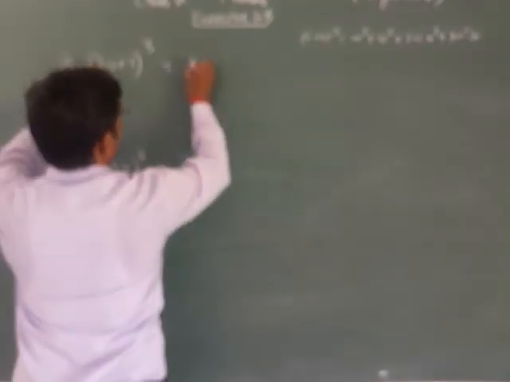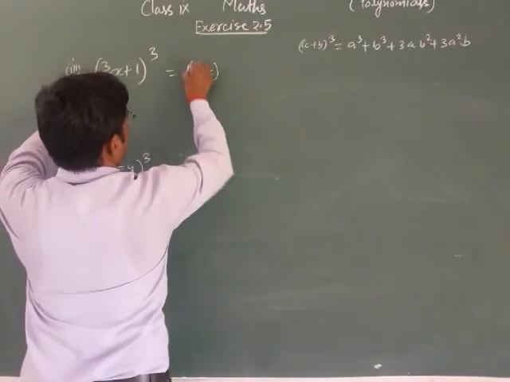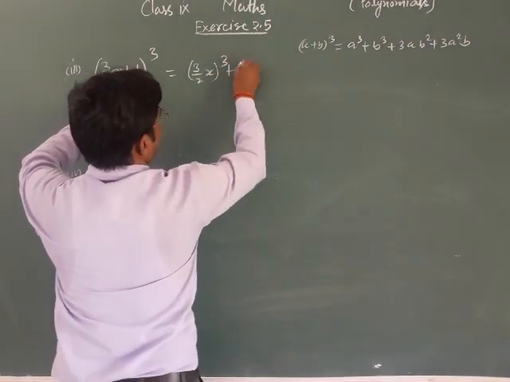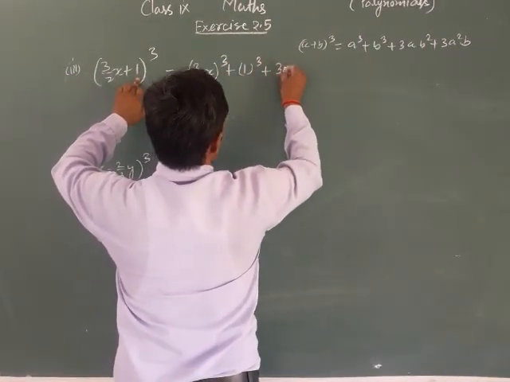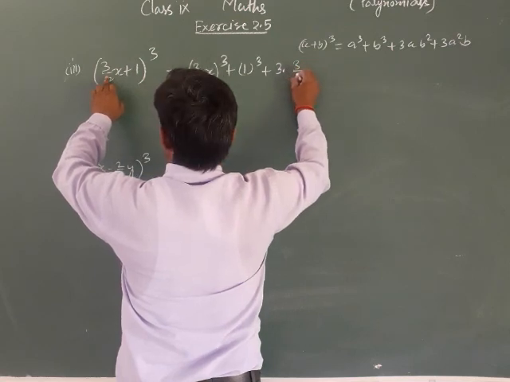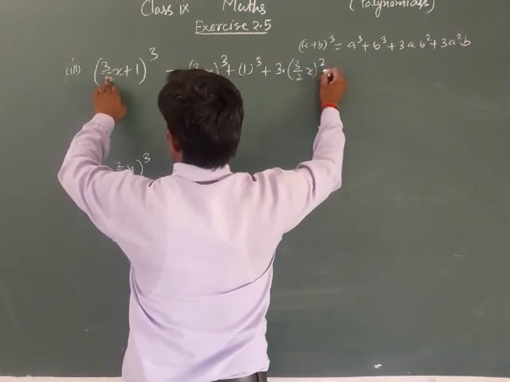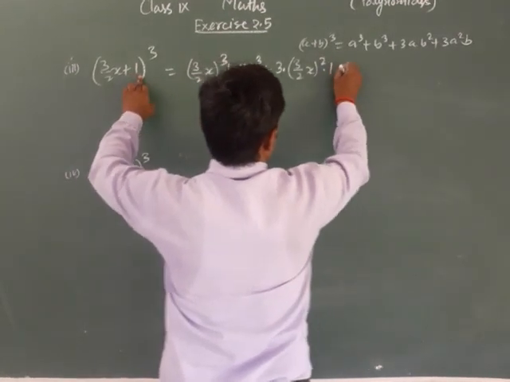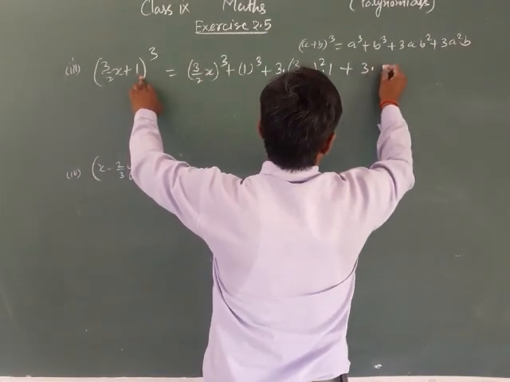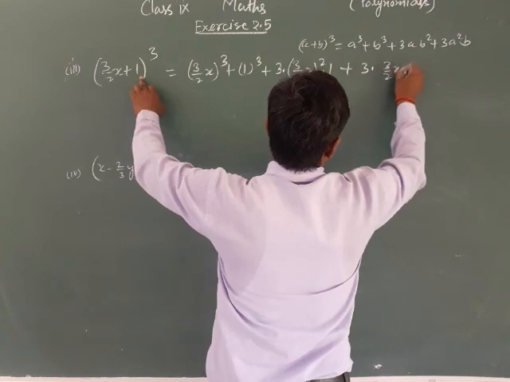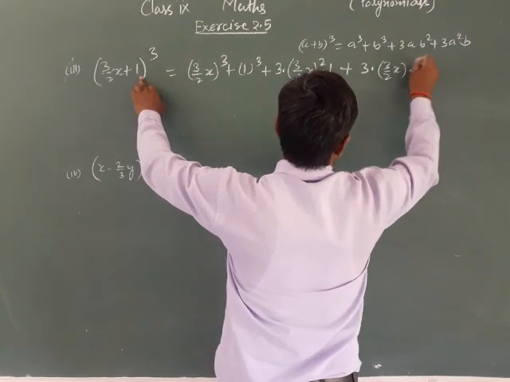So (3 by 2x) whole cube plus 1 cube plus 3 times (3 by 2x) whole square into 1 and plus 3 by 2x into 1 square.